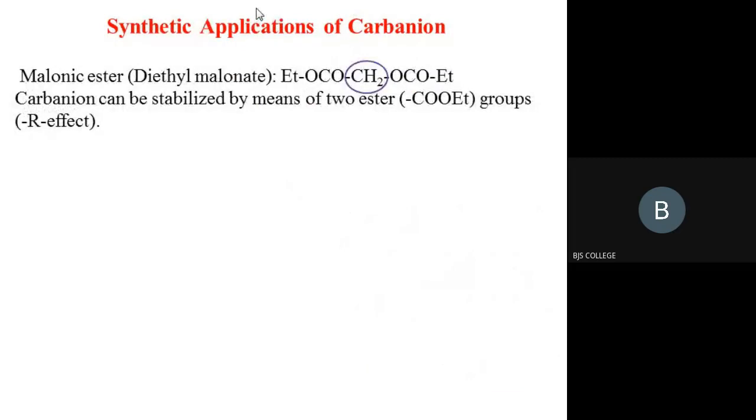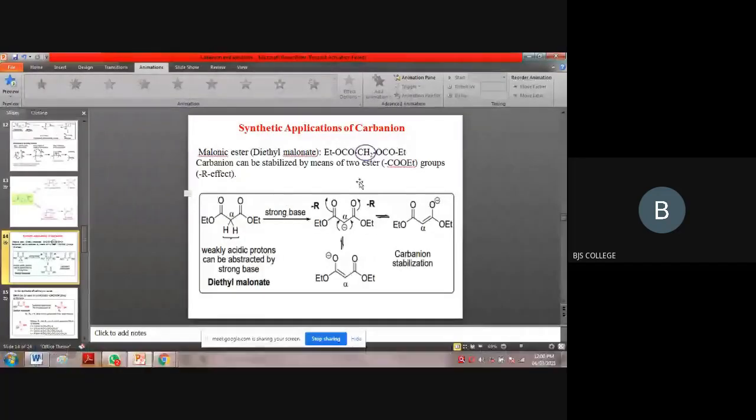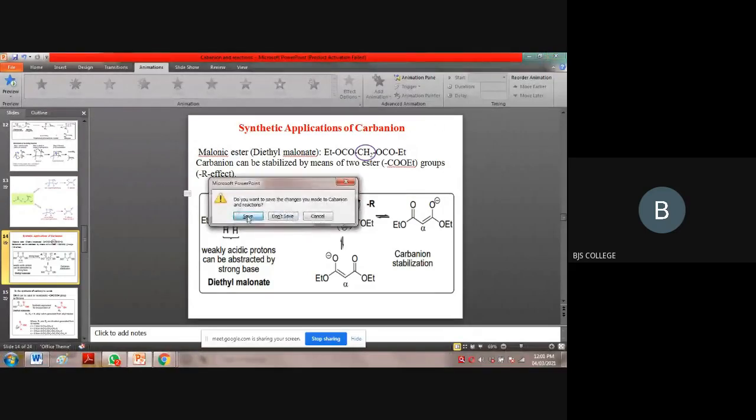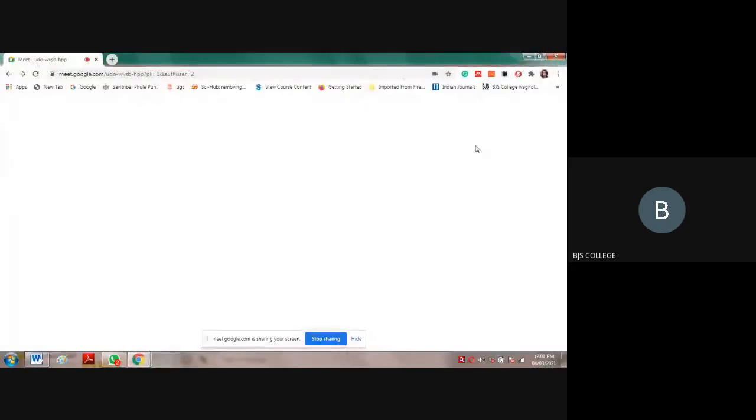What is the use of this reaction, whether it is aldol, or Claisen, or Perkin, whatever. So they are called the synthetic applications. Tomorrow we'll talk about the synthetic applications of these reactions.